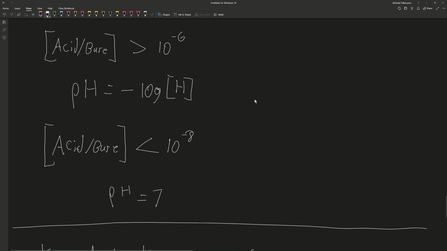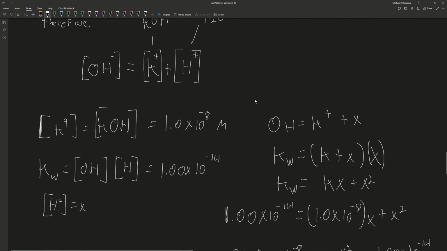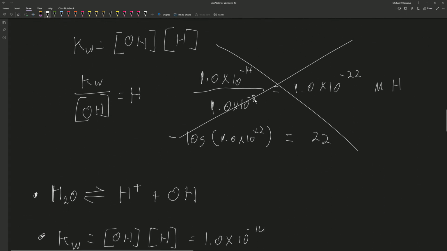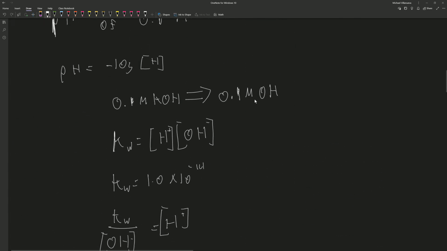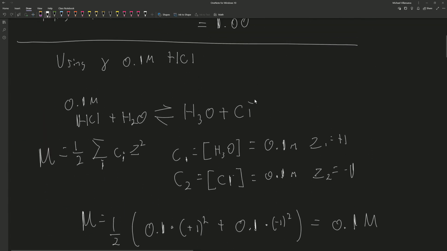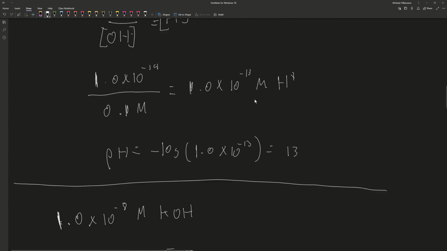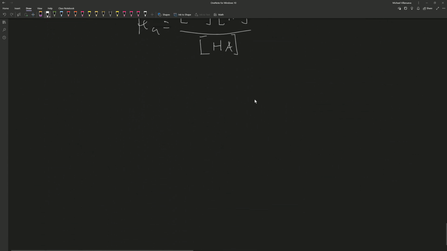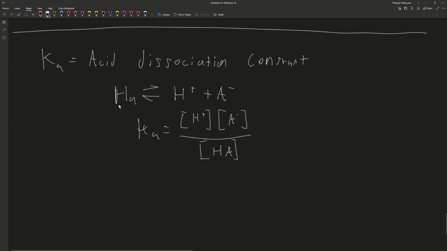I want to note here that everything we've done previously is the case for a strong acid base. Now that we are talking about Ka values, we are talking about weak acid bases. So everything going forward, we are specifically speaking about weak acid bases. They need to be handled differently than strong acid bases.